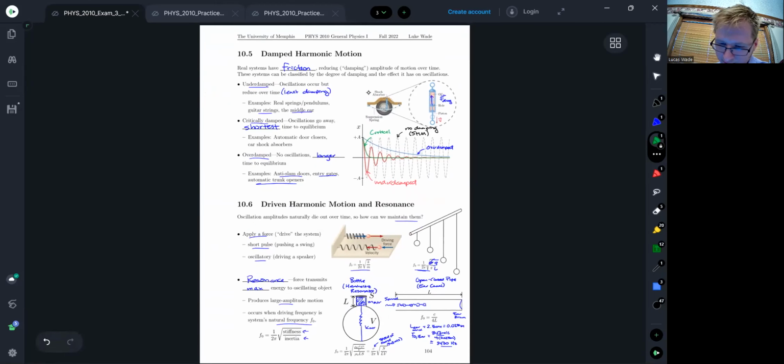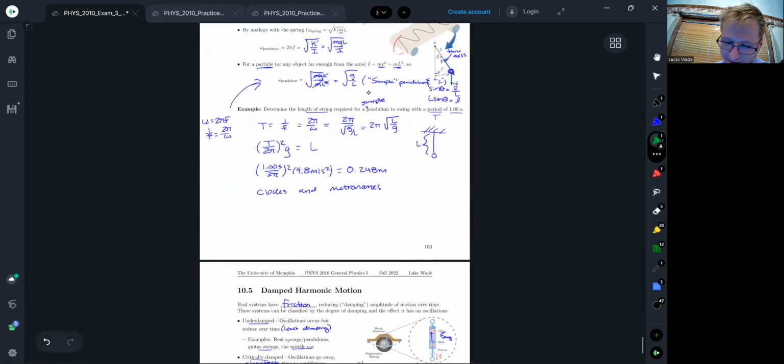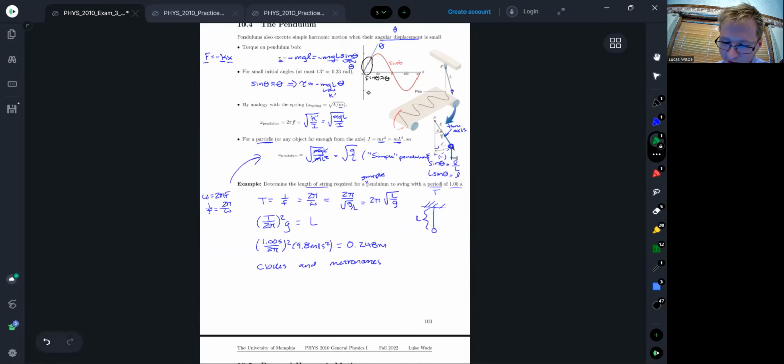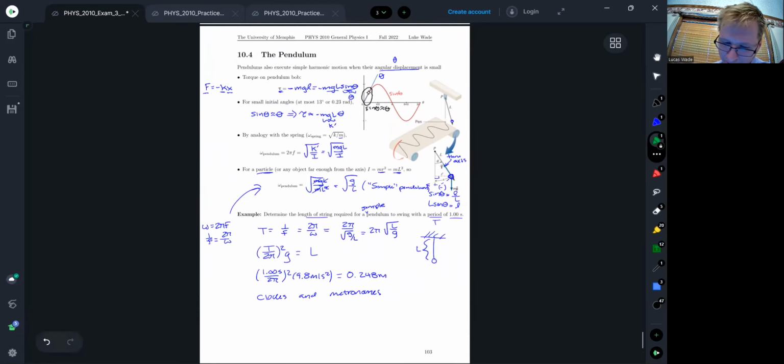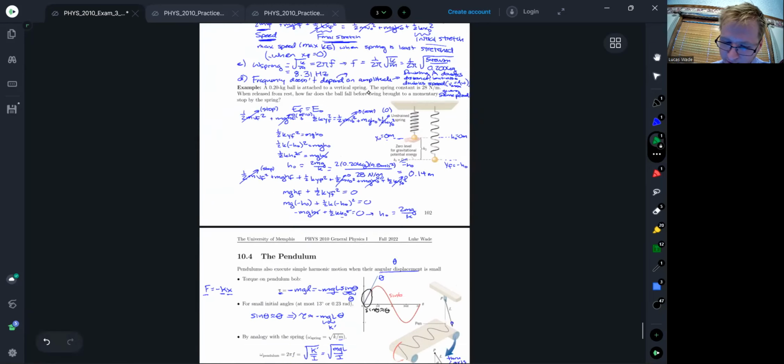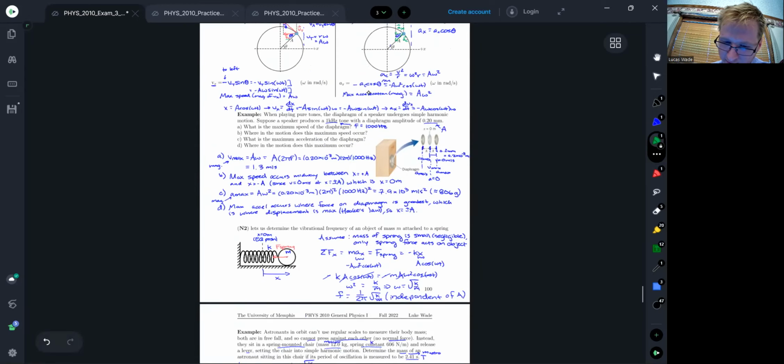There's not anything on damped harmonic motion or driven harmonic motion. Those are just things that I think are much more interesting in physics, but it was just introduced at a conceptual level down here, so I can't really ask too many questions on that. So up through 10.3 with the pendulum is where questions come from.